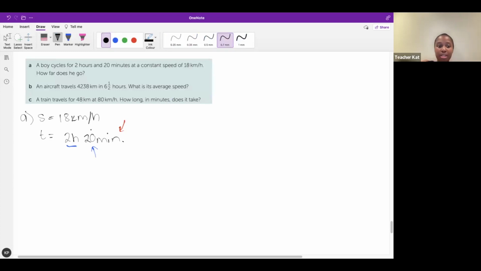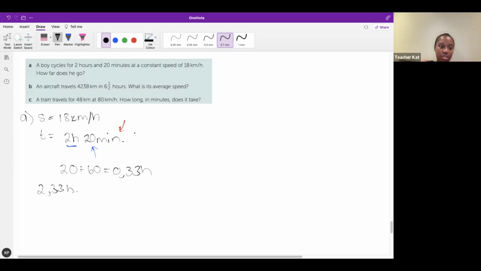How do we go from minutes to hours? It's going to be a decimal fraction. We're going to say 20 minutes, divide this by 60, and that's going to give us 0,33 hours. So in total, it is 2,33 hours.